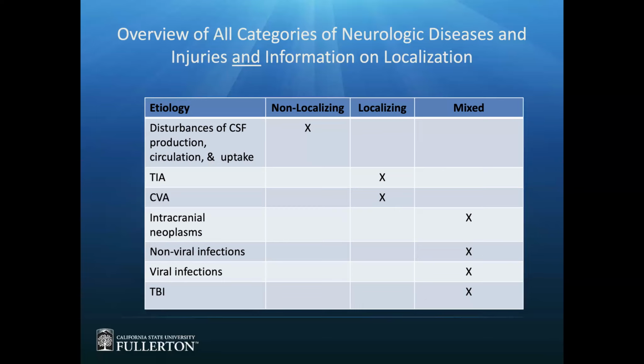Confusion is a hallmark of a non-localizing disease or injury. So that's a mix. Same for non-viral infections, same for viral infections. There's our traumatic brain injury, which I mentioned. Generally, we think of it as non-localizing, but especially if there's a penetrating wound, it can produce mixed signs.